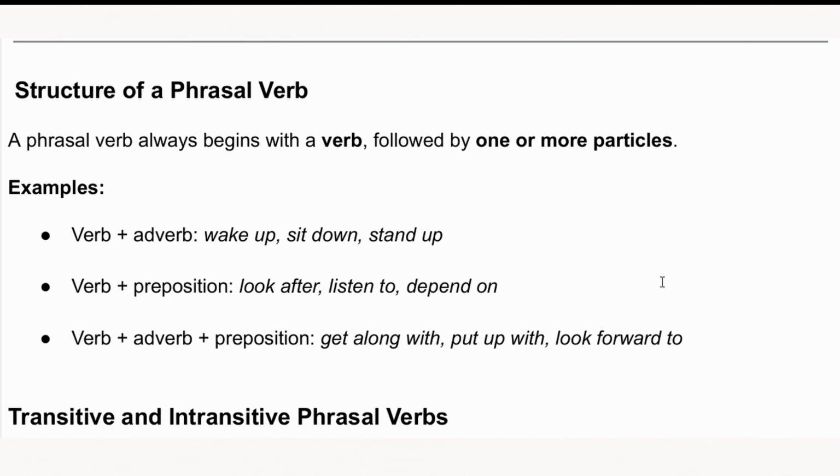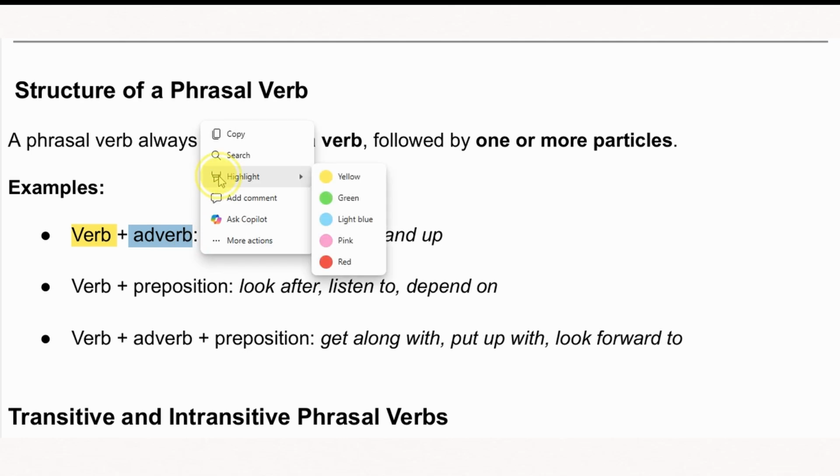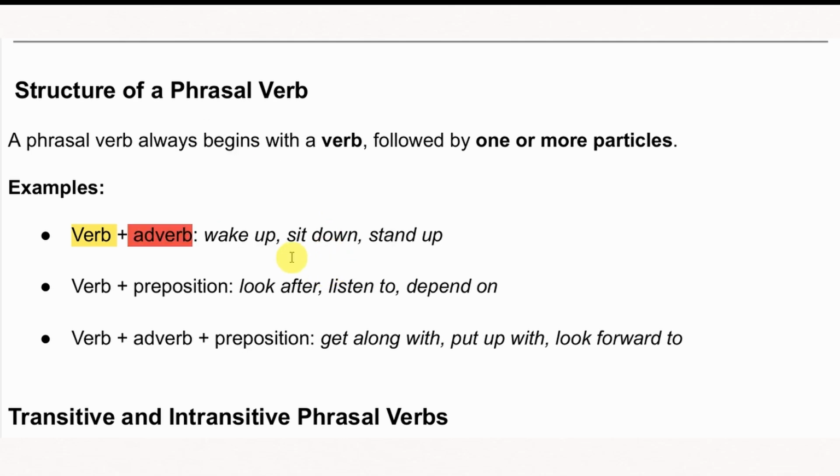Structure of a phrasal verb. A phrasal verb always begins with a verb followed by one or more particles. For example, we have here verb plus adverb: wake up.